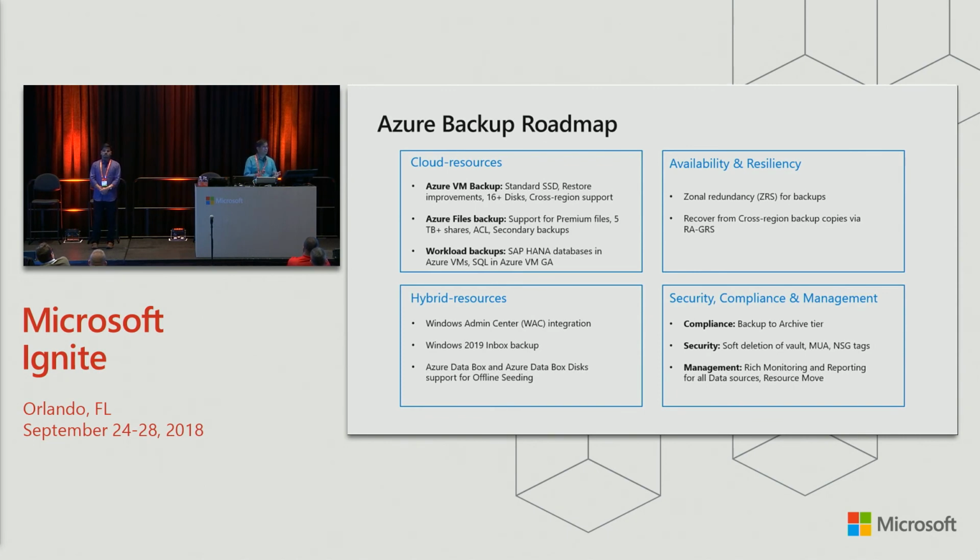The good news is there was no data loss, but there were a couple of customers who approached us and wanted to recover the data from the GRS copy. And before they could recover from the GRS copy, the data center was up and running again. But we empathize with you, we understand the requirements, and the capability that we are going to add is that you should be able to recover from a cross-region backup copy using the read-only GRS copy.